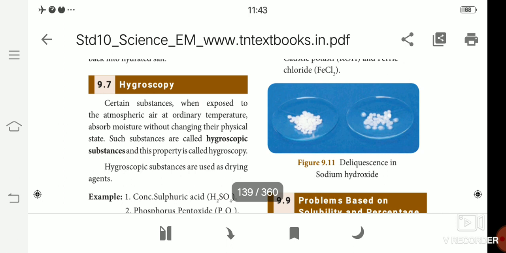This process is called deliquescence, and the substance is called a deliquescent substance.